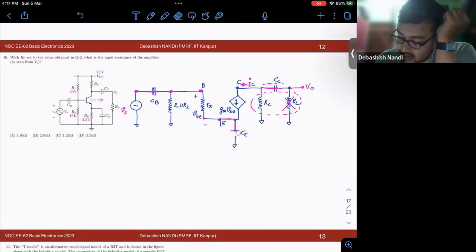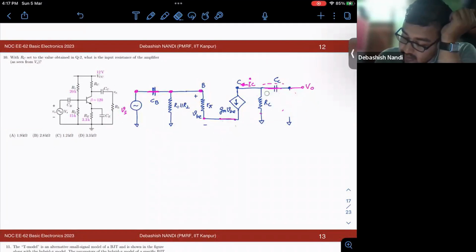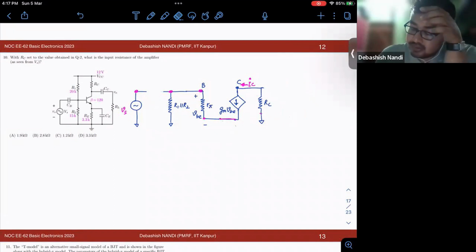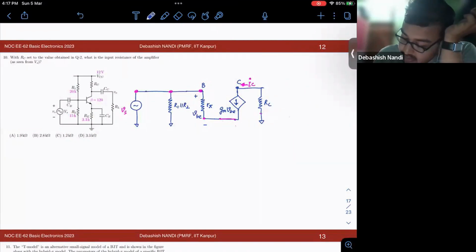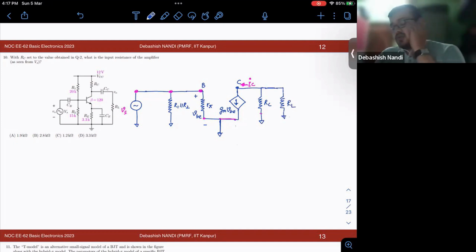You can simply, so this becomes this, grounded, this becomes RL. Okay. So what is your input resistance, right?